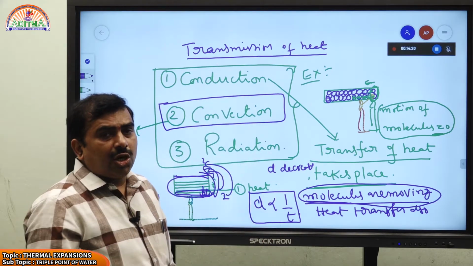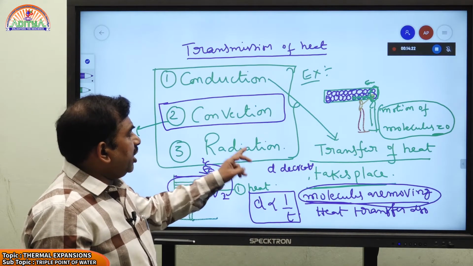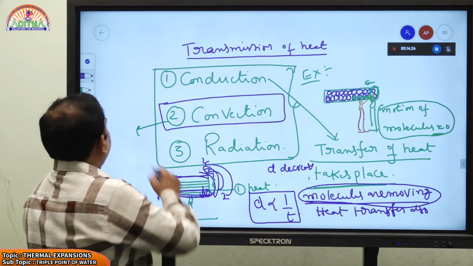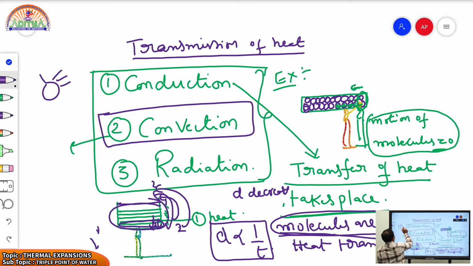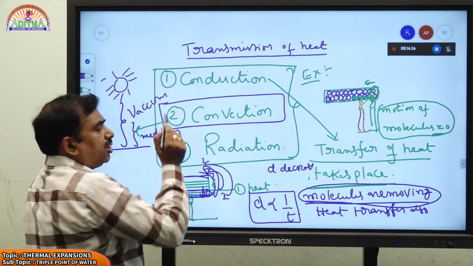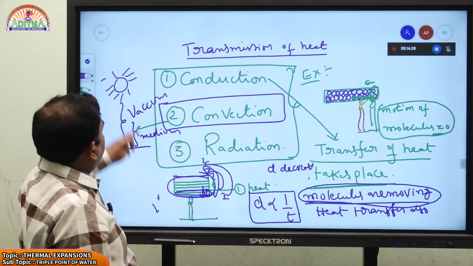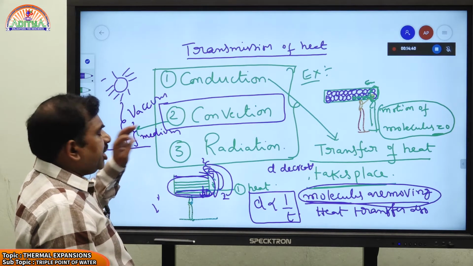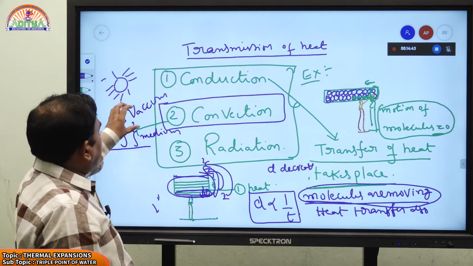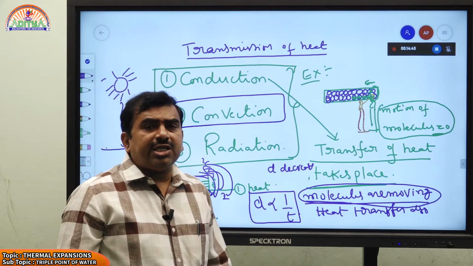The third one is called radiation. You take the sun. Look, this is vacuum. Thereby you have some medium. These sun rays will travel through vacuum as well as in a medium. But the heat quantity of the sun rays will be the same.